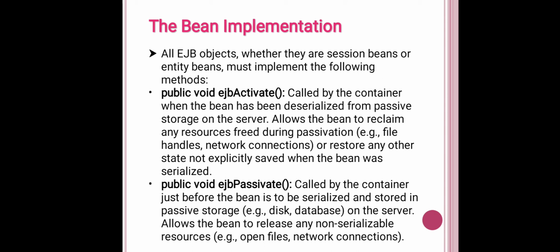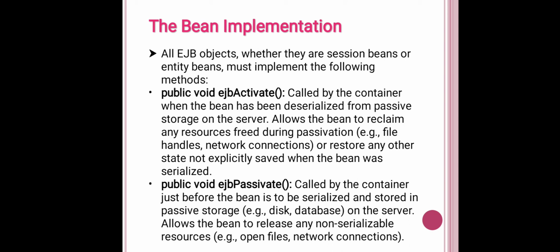This method, called by the container when the bean has been deserialized from passive storage on the server, allows the bean to reclaim any resources freed during passivation, for example, file handles, network connections, and/or restore any other state not explicitly saved when the bean was serialized.